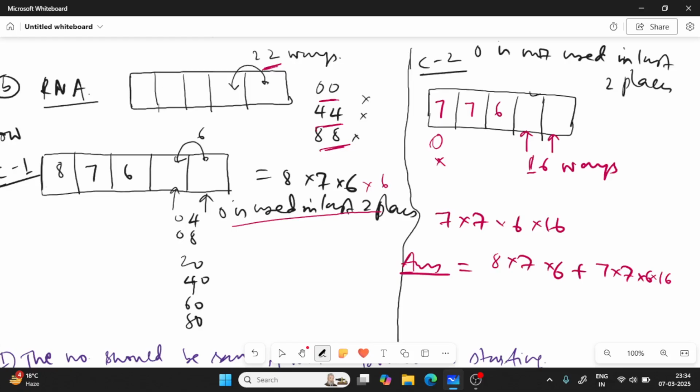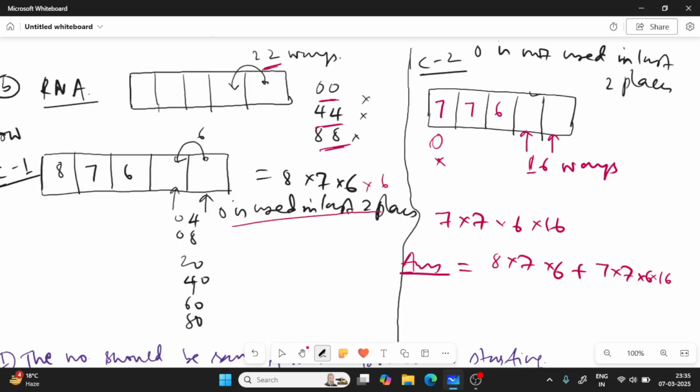And repetition is not allowed. So after that, here 0 may be used, but 1 and 2 digits are already used. So 3 digits have already been used, so we are left with 7 digits, and here 6 digits. We will multiply to get the required answer. So 7 into 7 into 6 into 16.